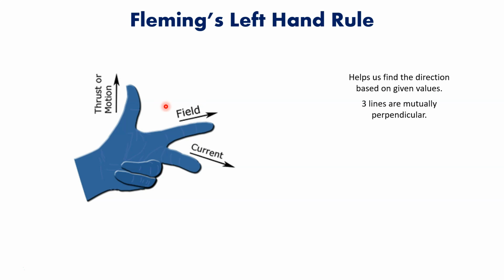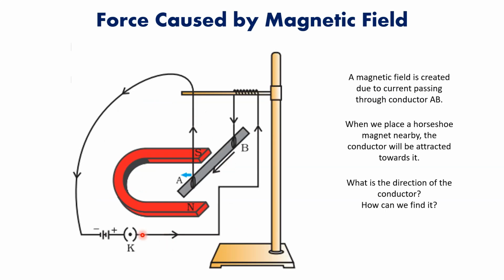So by using Fleming's left-hand rule, let's come back here. We know that the direction of the current is going this way, and the direction of the field is always from north to south, so it'd be going this way.